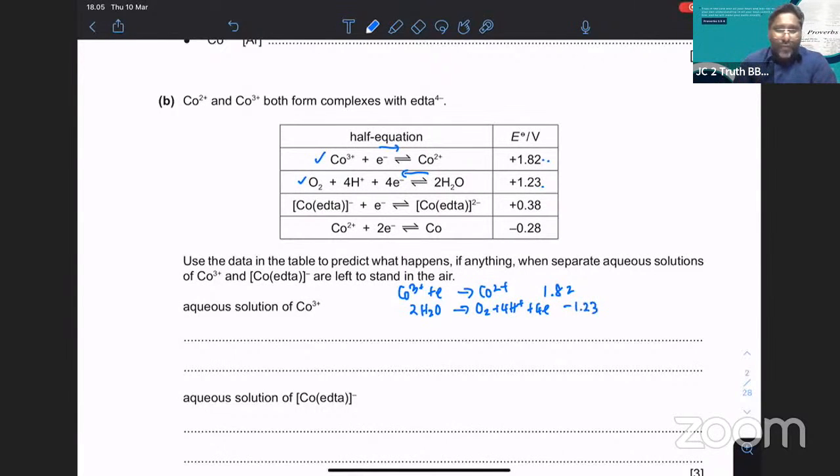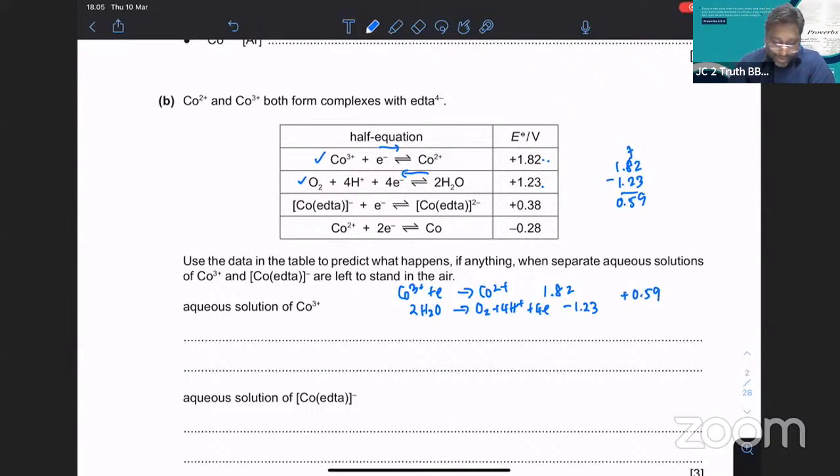To calculate the E value and see if the reaction is feasible, 1.82 minus 1.23 is 0.59. So positive 0.59 is the E value.